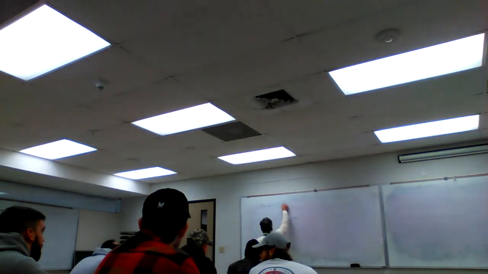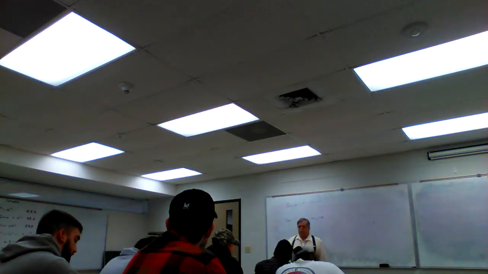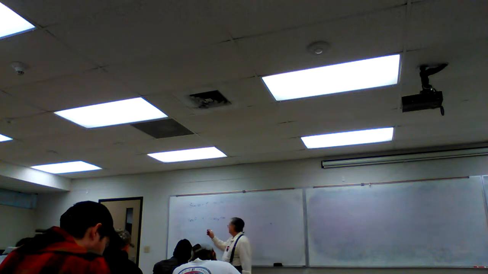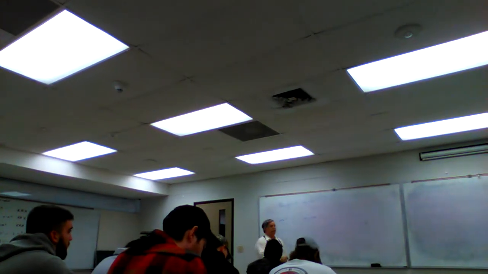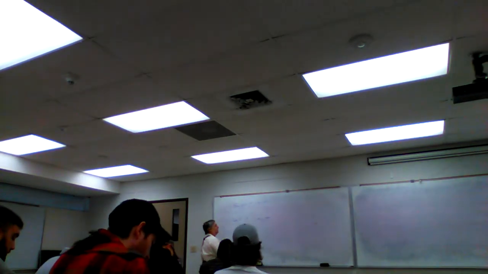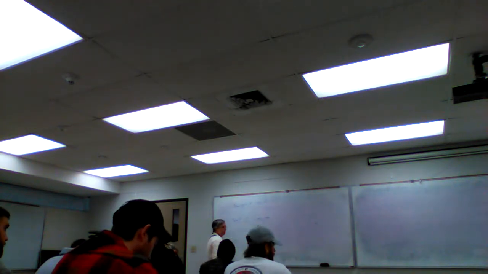We're talking about the domain. In this case, what's the independent variable? The independent variable is theta. The dependent variable is y. Again, the independent variable is theta. The dependent variable is x.